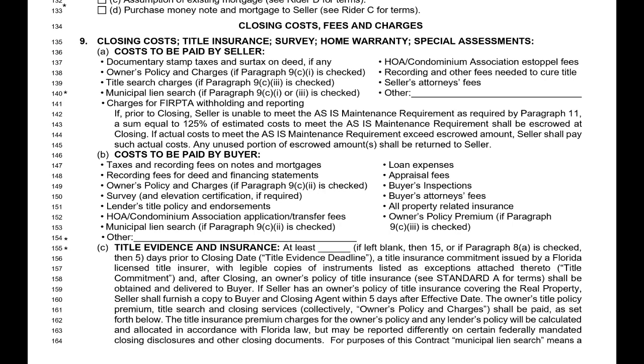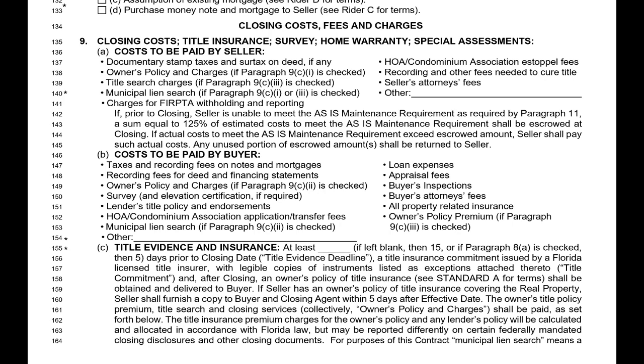The buyer is responsible for paying for the lender's title policy. The seller is responsible for paying for the owner's title policy. The lender's title policy only protects the lender, it doesn't protect the buyer at all. So if the buyer asks you, "I thought the seller pays title," you need to make sure that you understand that the seller pays the owner's title policy, but the buyer is responsible for paying for the lender's title policy.